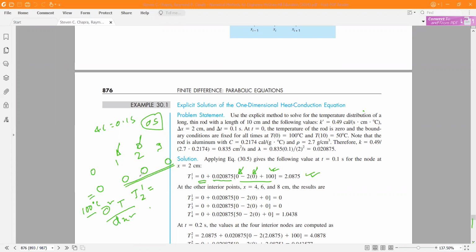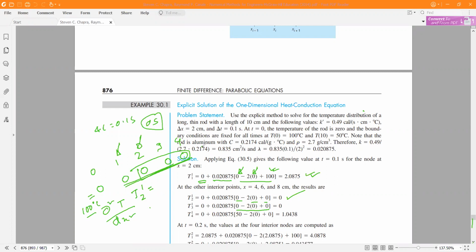The temperatures of all these 3 points are actually the initial temperature. Similarly, for position 3, you will need these 3 points, and like the previous case, all the initial values are 0.